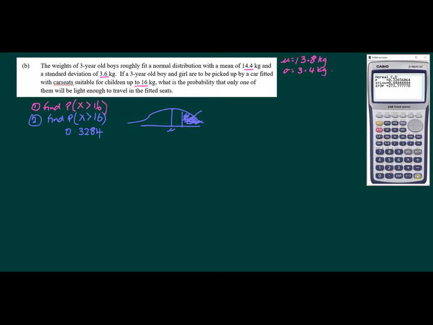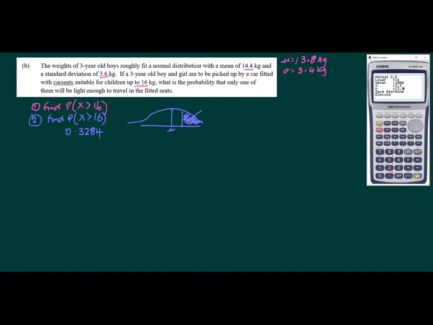Okay, and we'll now go over to the calculator and check out the girls using the information we got from the previous question. So we go back onto the screen using our calculator, go back up and change the standard deviation to 3.4, which is for the girls, and the mean is 13.8.